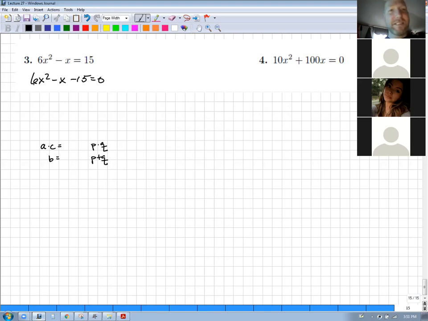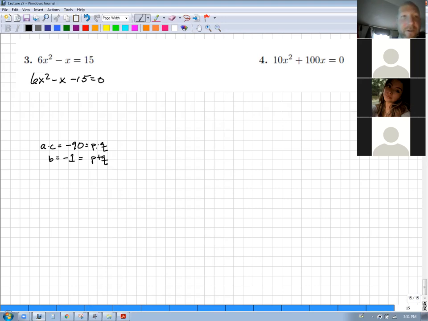a times c, 6 times negative 15 would be a negative 90. So we're looking for two numbers that multiply to give us negative 90. b here is minus 1. So we want those same two numbers to add to be minus 1. Okay.